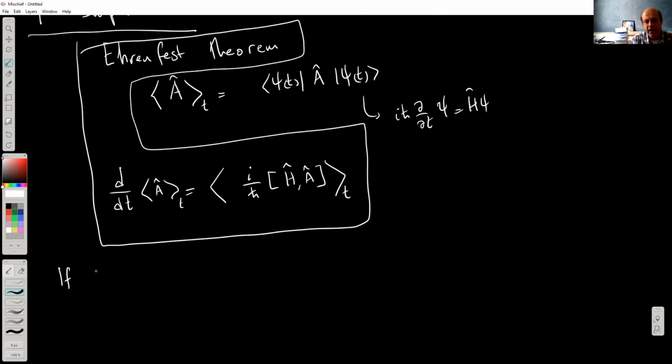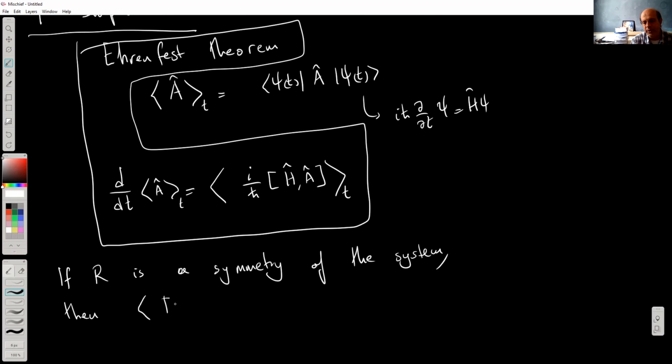If R is a symmetry of the system, then the expectation value of this rotation operator is a conserved quantity.